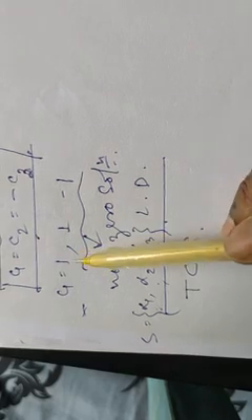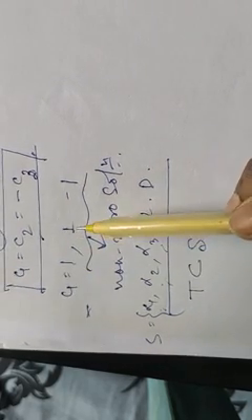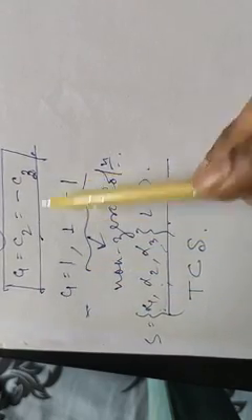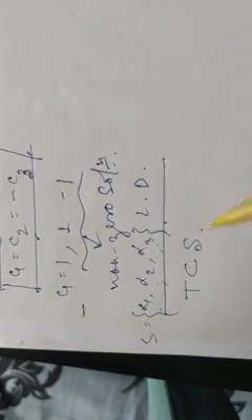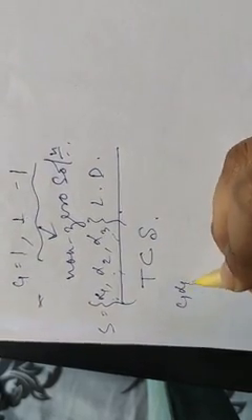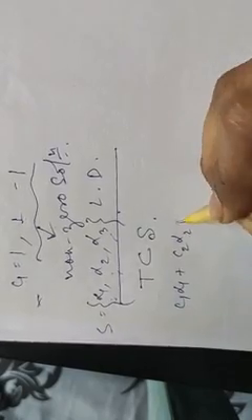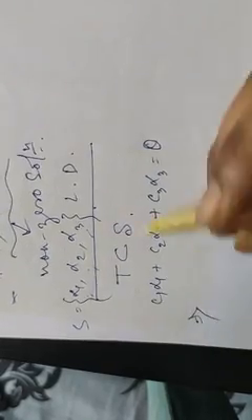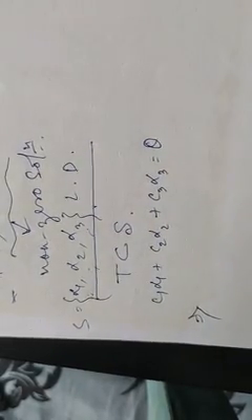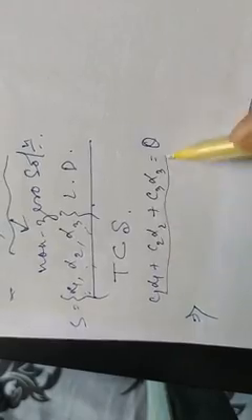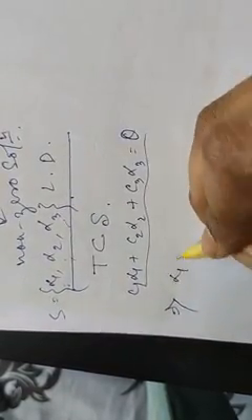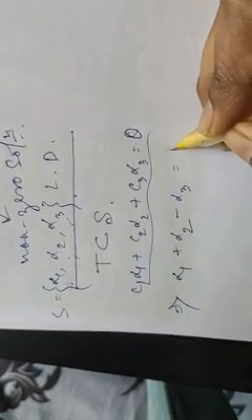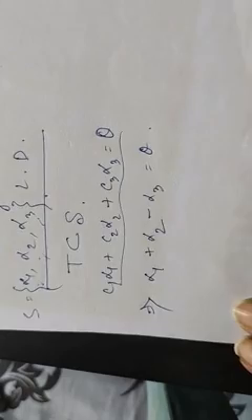Now check, as the constant terms are 1, 1, minus 1, if we take this, then what will be the relation? This C1 alpha 1 plus C2 alpha 2 plus C3 alpha 3 equals theta. If we put the values of C1, C2, C3, what will it become? It will become alpha 1 plus alpha 2 minus alpha 3 equals theta. Right?